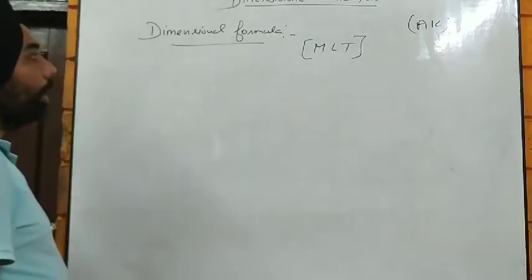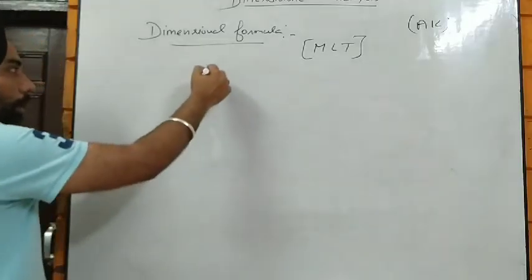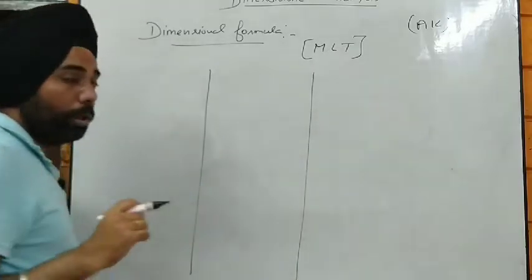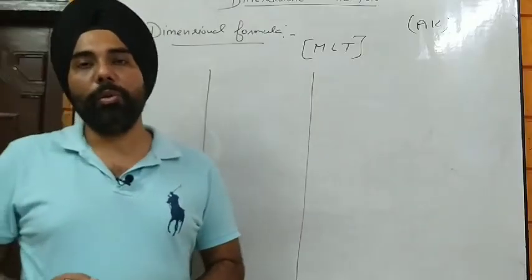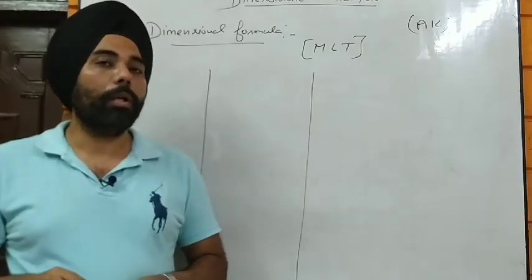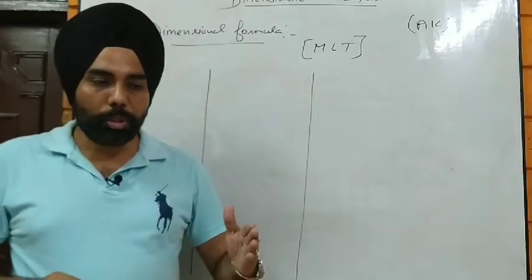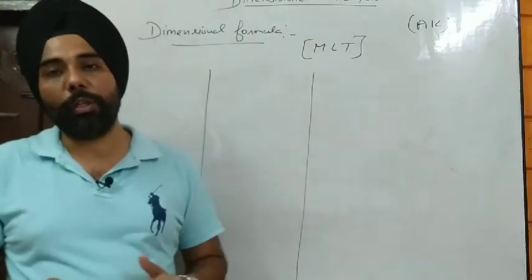Now we are moving ahead to how we can make a dimensional formula. That is a very simple thing. Now I am going to give you a procedure in which if you know the basic formula, you can easily derive the dimensional formula. And I am going to give you a smart way: by knowing the dimensional formula, you can easily calculate the SI units of each and every physical quantity.